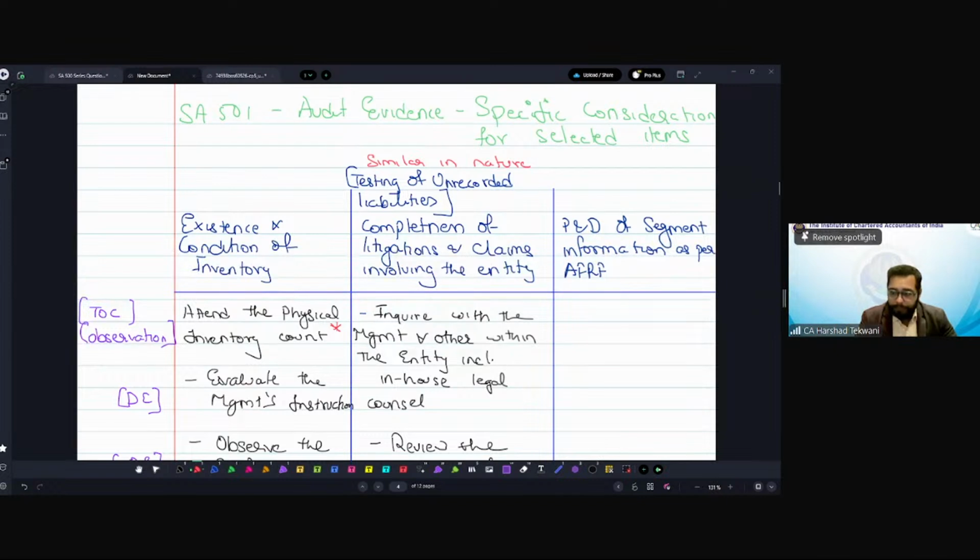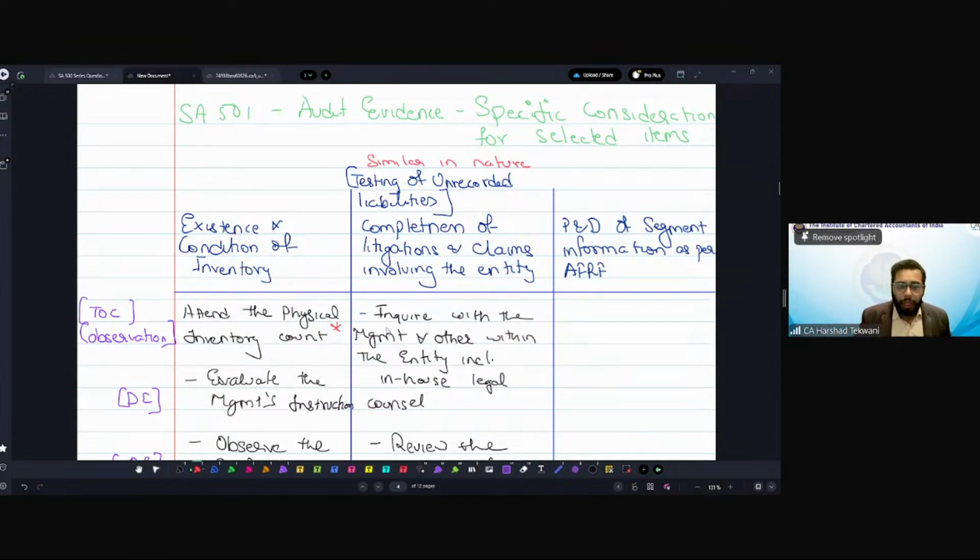We will check whether those methods and procedures have been correctly applied by the management or not. Whatever calculations have been performed by the management to check whether a segment is reportable or not, I will check those procedures also. Very good. Absolutely correct. It's pretty straightforward and simple.